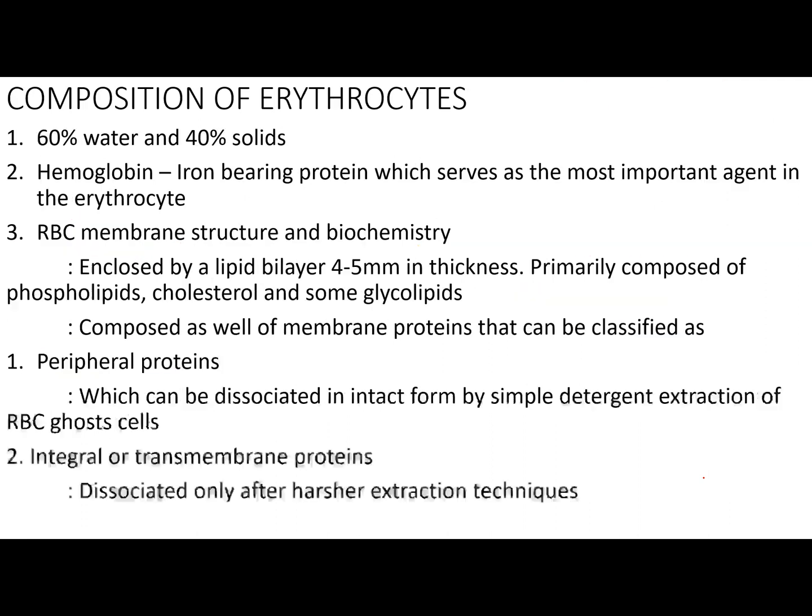Okay, sige, let's continue. This is the composition, class, of your erythrocytes. Erythrocytes are 60% water and 40% solid. They also contain hemoglobin, which is the iron-bearing protein that serves as the most important agent in the erythrocyte.